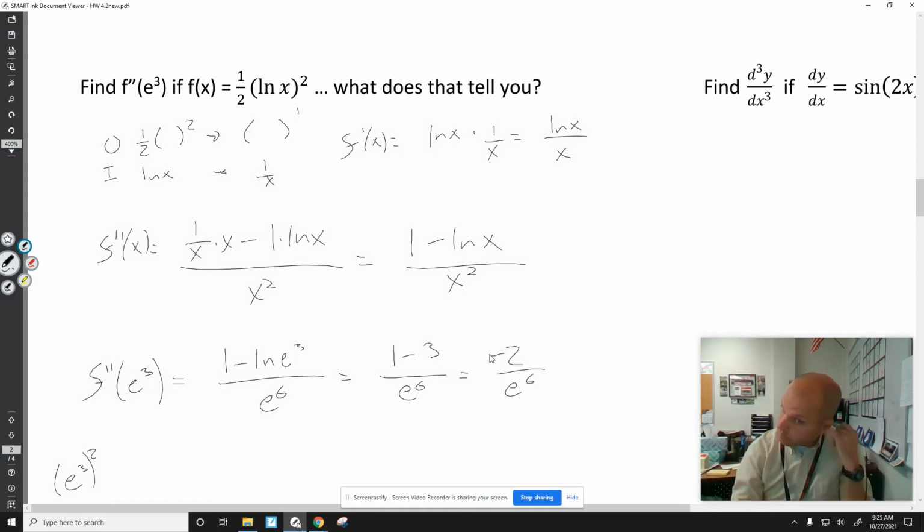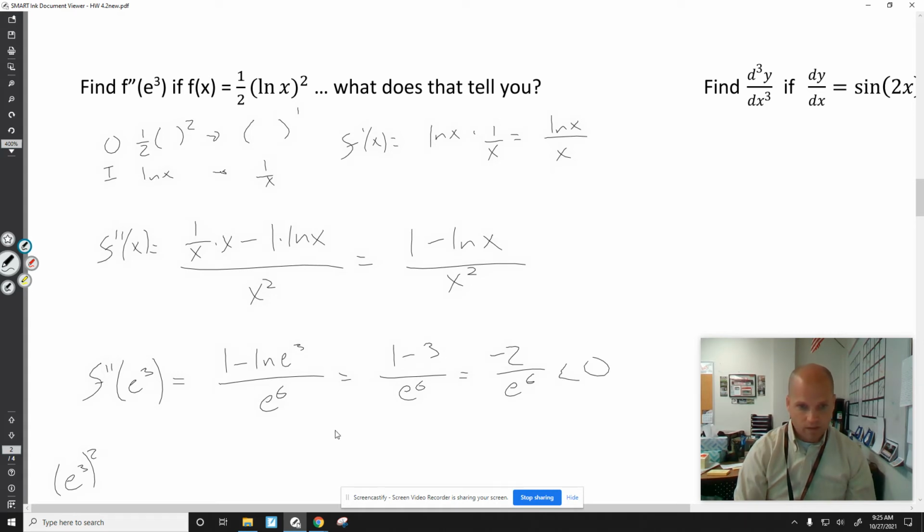What does that tell me? Well, it tells me the second derivative is negative. It tells me 2 things. It tells me really more than 2 things, but 2 things that are kind of important to the original function.